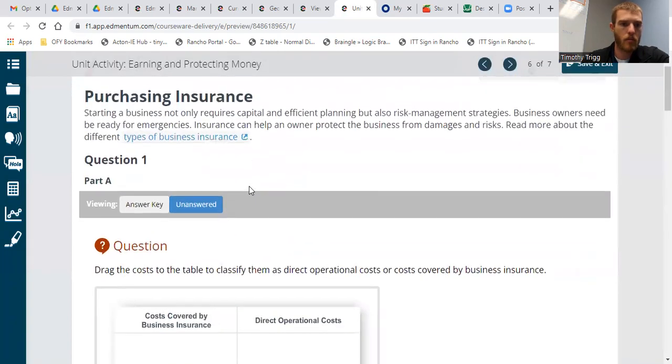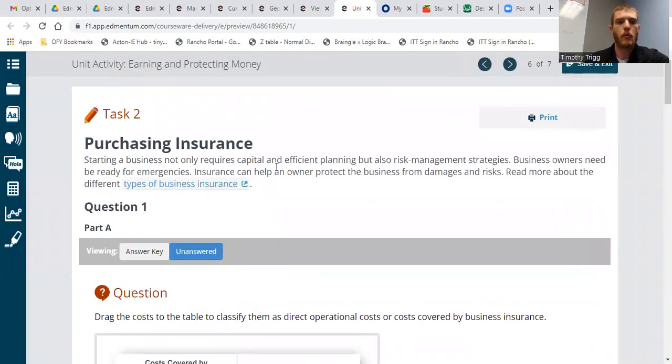Okay, so from the top, starting a business not only requires capital, that means money to start off, or money for investment, and efficient planning, but also risk management strategies. Business owners need to be ready for emergencies. Insurance can help an owner protect their business from damages and risks. Read more about the different types of business insurance.